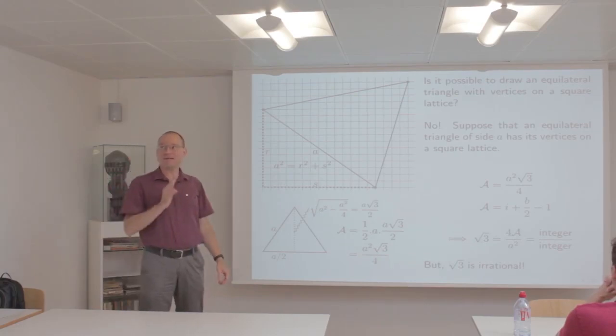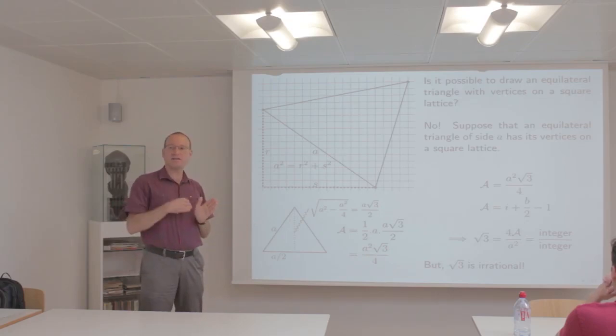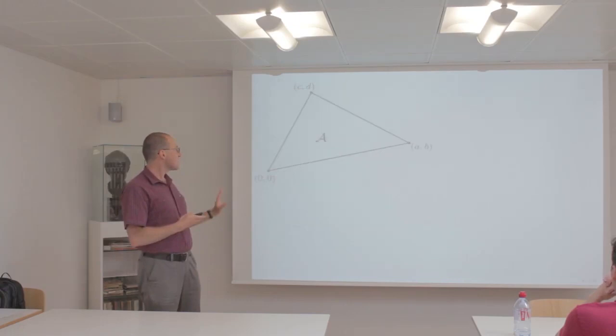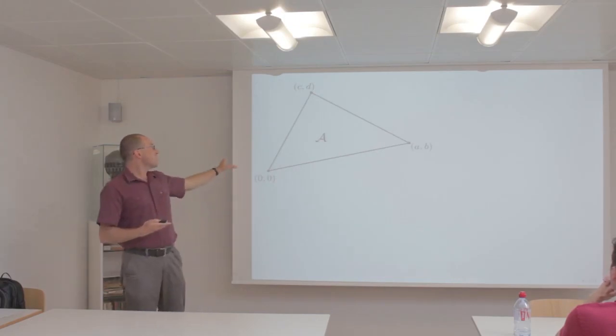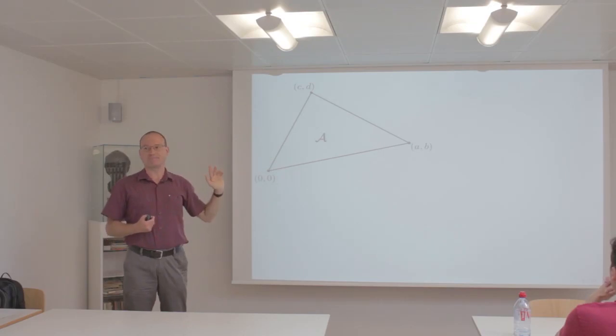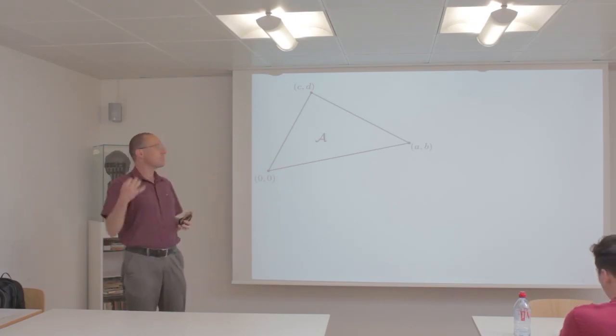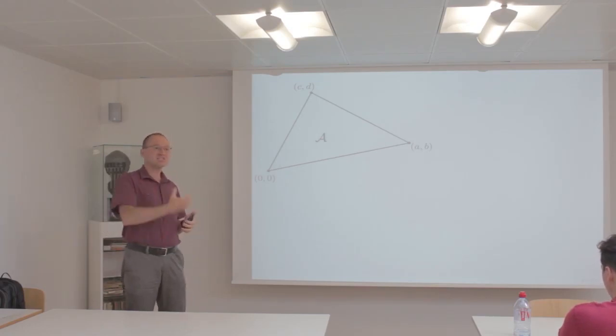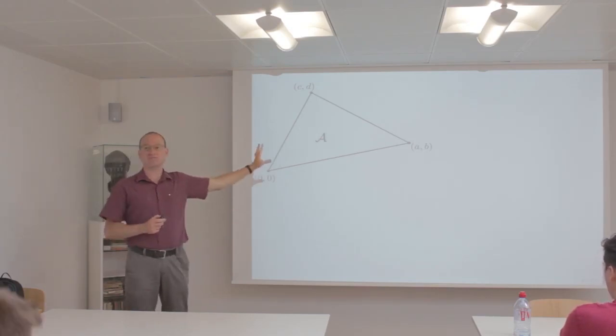Now, our last application of Pick's formula is completely mind-blowing, but it requires several preparations. First preparation, take a triangle with vertices at (0, 0), (A, B) and (C, D). We're going to combine Pick's formula with the conventional formula for the area of such a triangle.